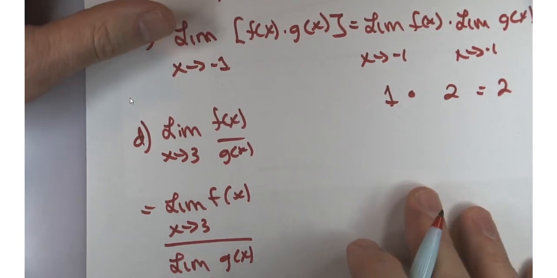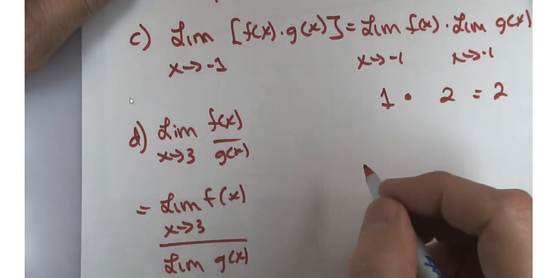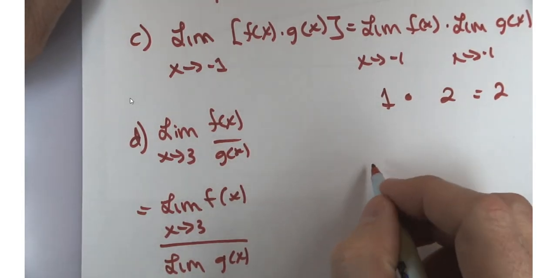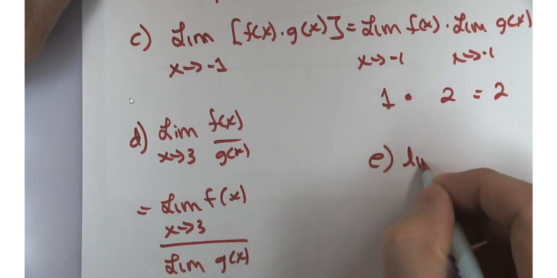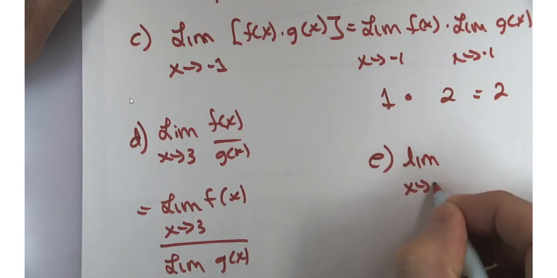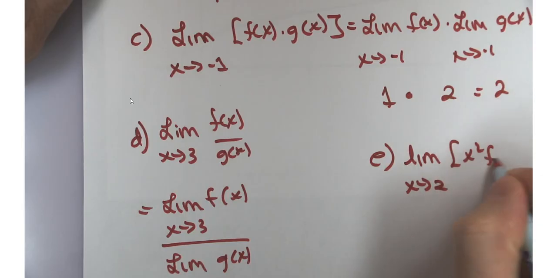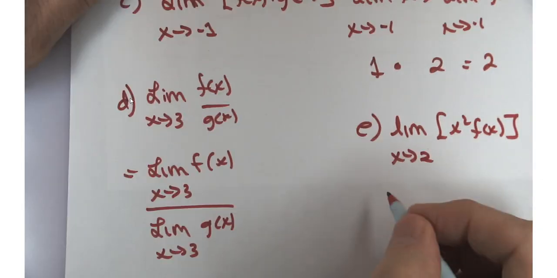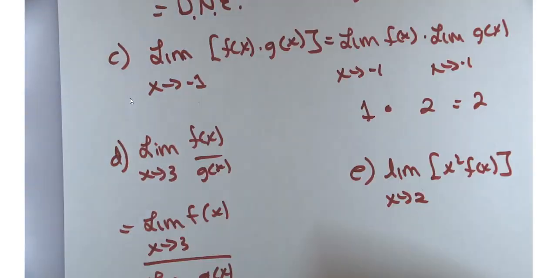Let's do one or two more while we're doing this one. E is kind of interesting. Limit as x approaches 2 of x squared times f of x. That's kind of a clever one. I'll let you think on that one. And let's go back and look at the graphs.